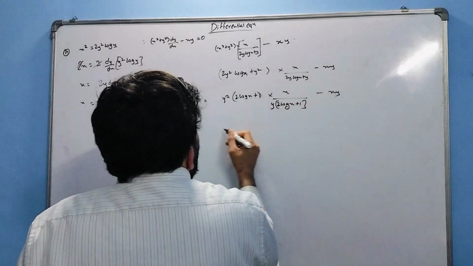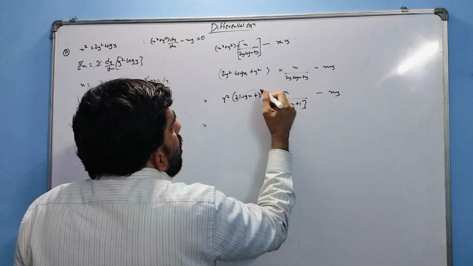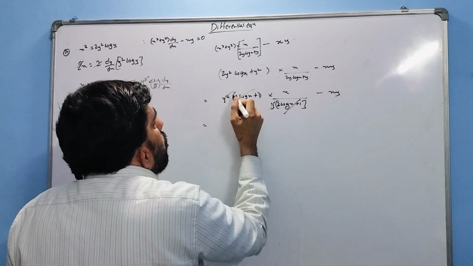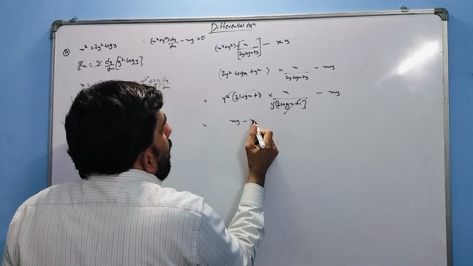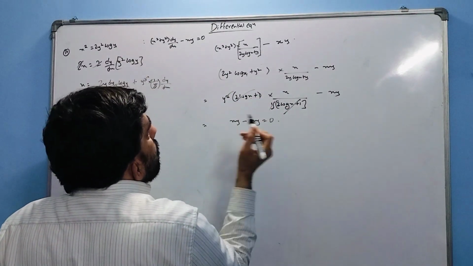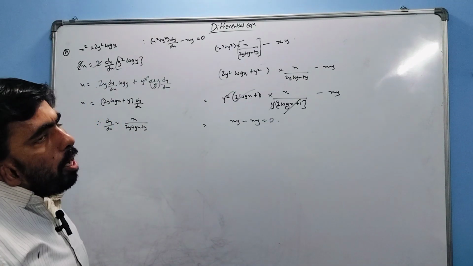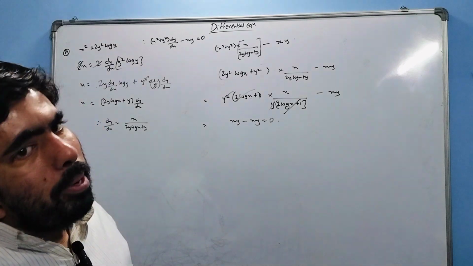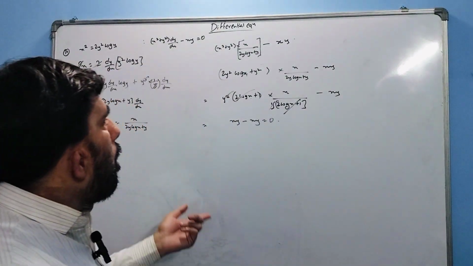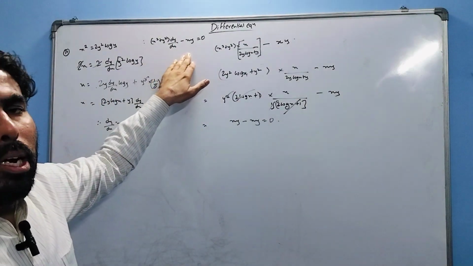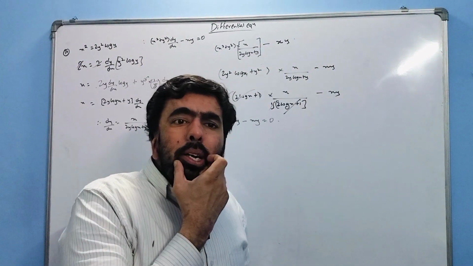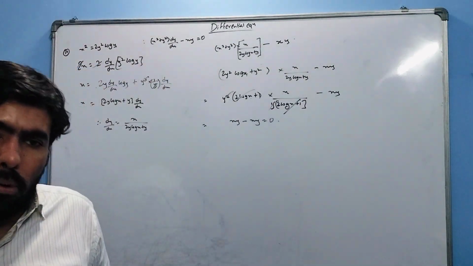So y is reduced, and xy minus xy is equal to 0. So we can consider that this is a solution, implicit or explicit, of the given differential equation. Now let us try to solve the third question.